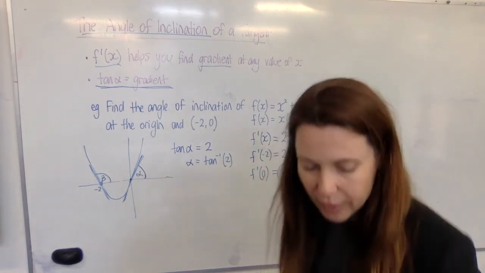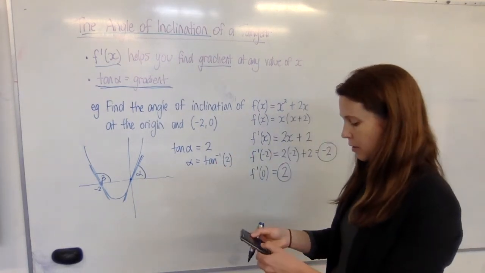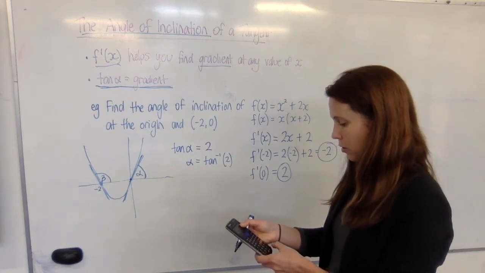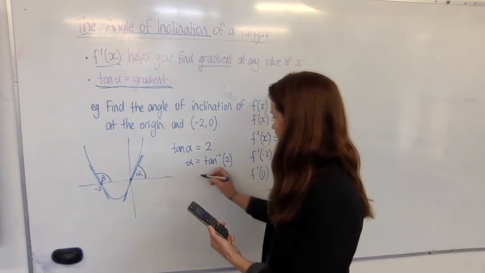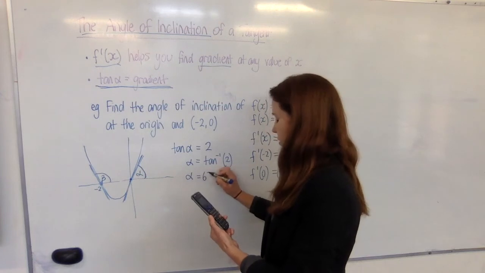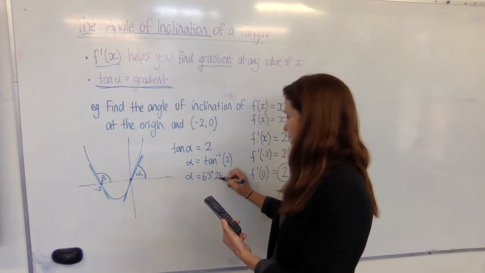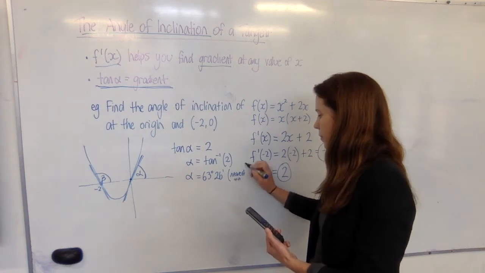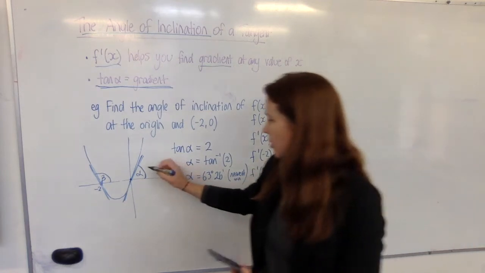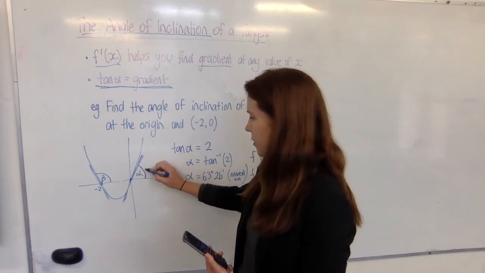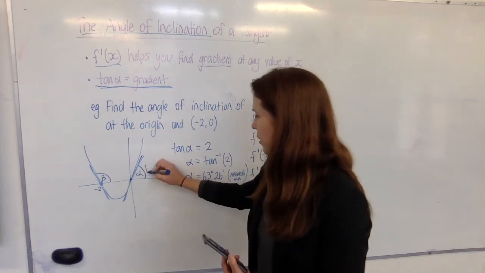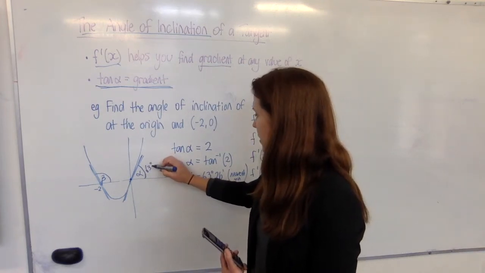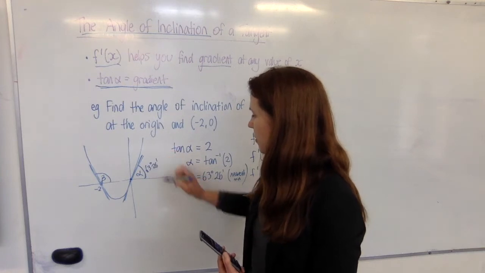So, reaching for my calculator, I type in shift tan 2, and I get alpha 63 degrees and 26 minutes to the nearest minute. Okay, that's done. Does this look like it would be about 63? Yes. Okay, so I can label that, 63 degrees and 26 minutes.